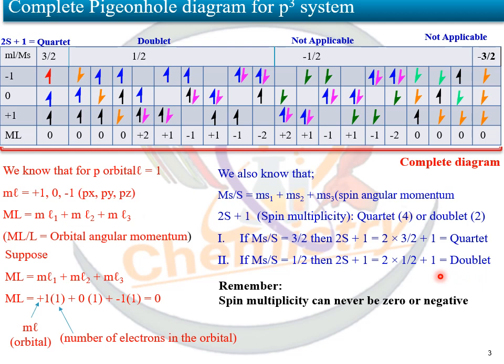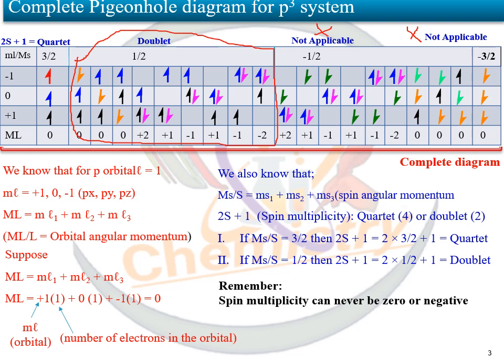So from here up to here, it will be doublet. The rest are not, because we don't have any spin multiplicity with negative or zero value. So this one is not applicable, but here we have just shown the maximum ways of arranging these electrons.